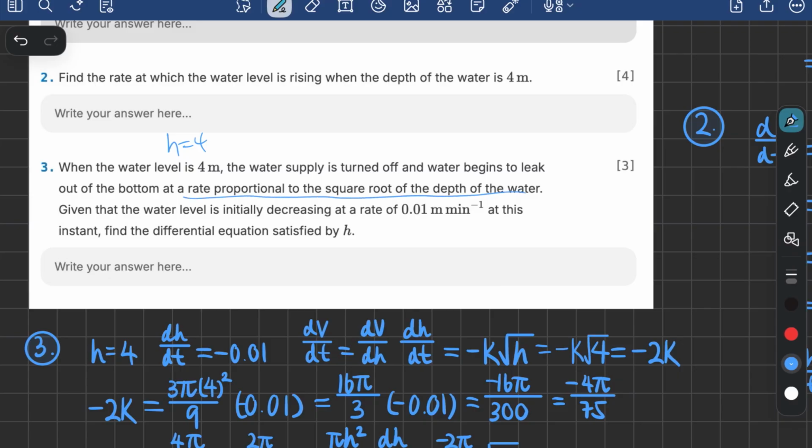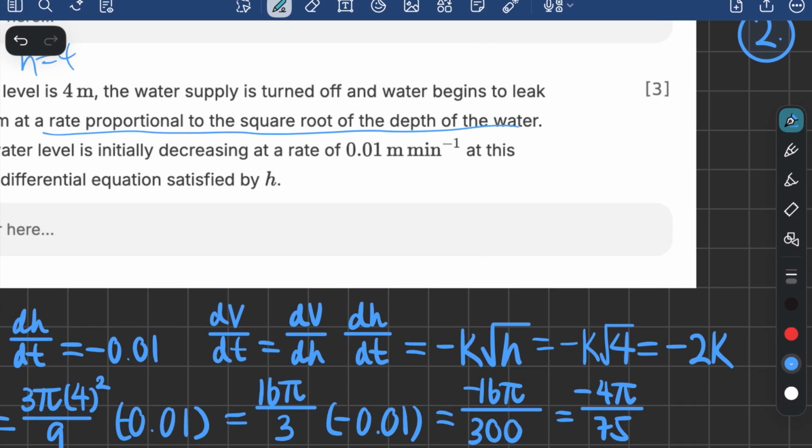This sentence means that dV/dt equals negative k times square root of h. So k is the constant that I inserted, a constant that will bridge these two values. The water is leaking out, so this is a negative rate because volume is decreasing. However, the height is always positive, so we have to make a negative sign here.